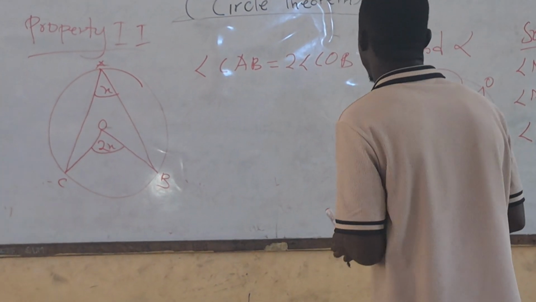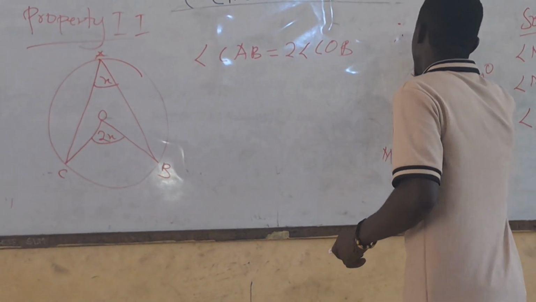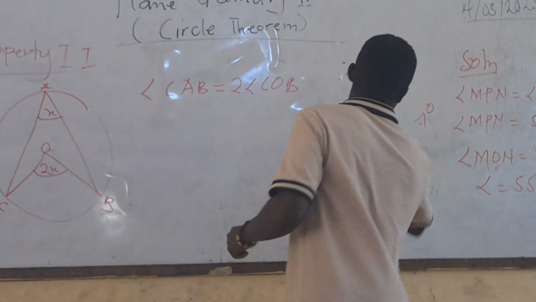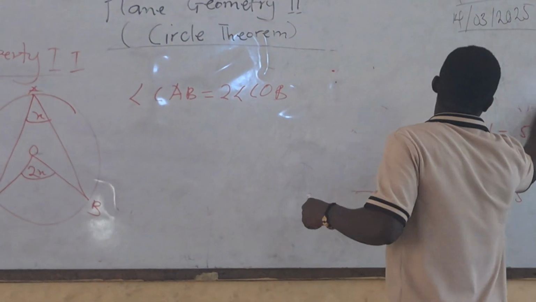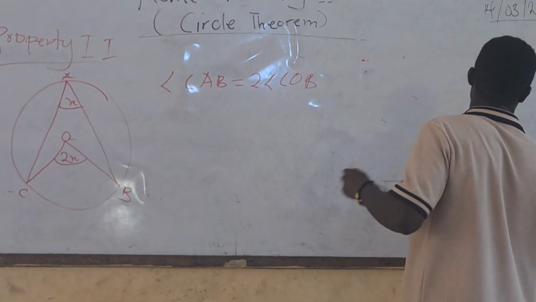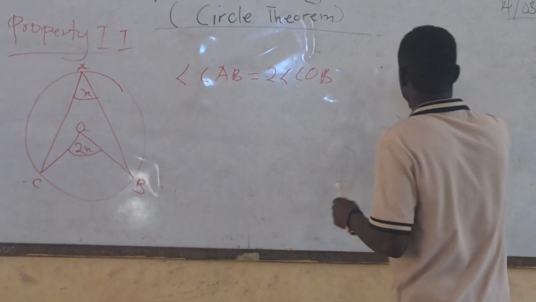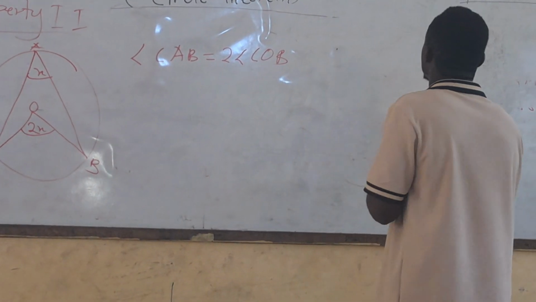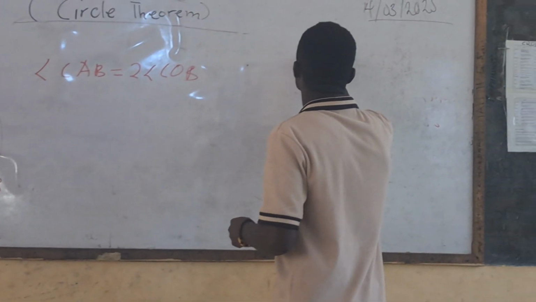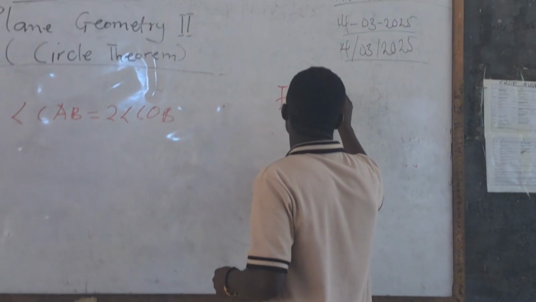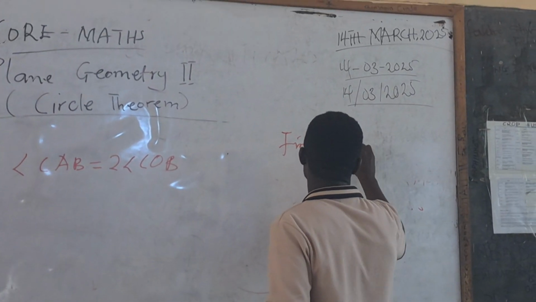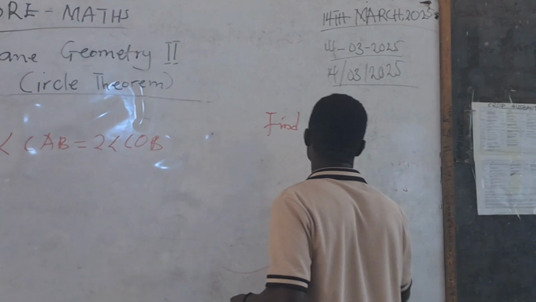So let's take an example of this and solve. Quick example. So for instance, find angle beta.